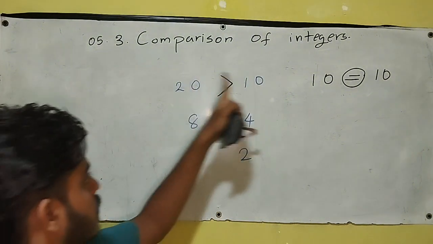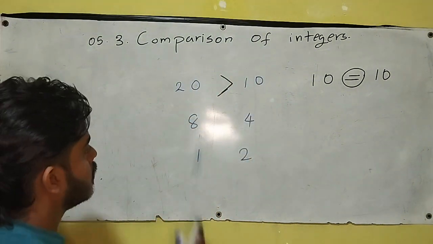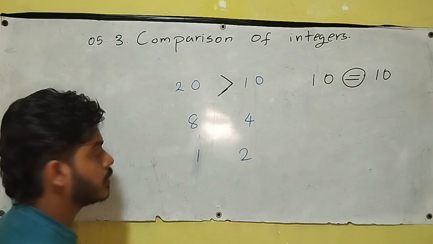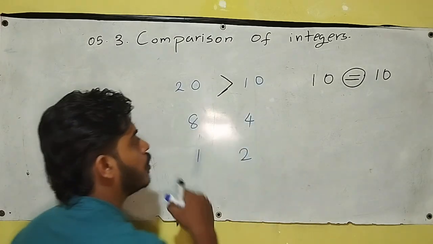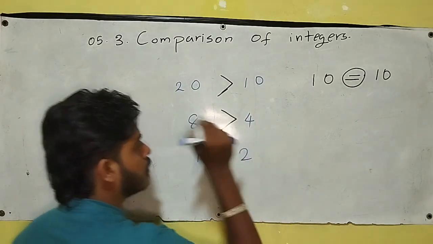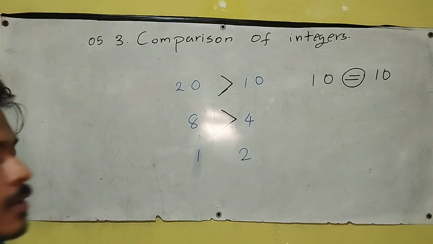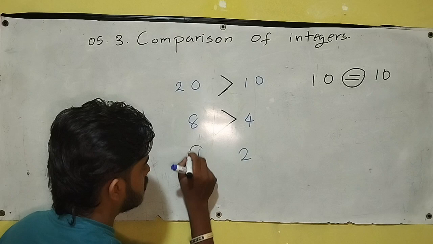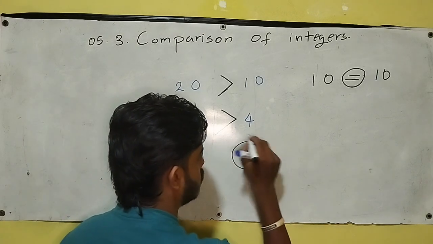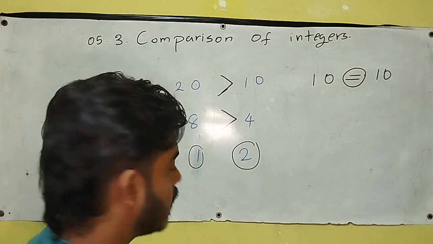Smaller, greater. According to this one, how to put? This is the greatest value. This is the smallest value. How to put? How about this? How to put? This is smaller. This is largest or bigger or greatest. Okay, how to put?